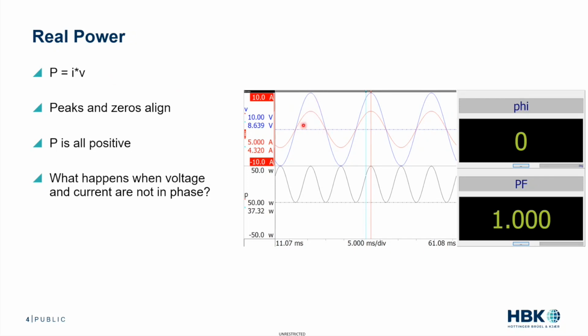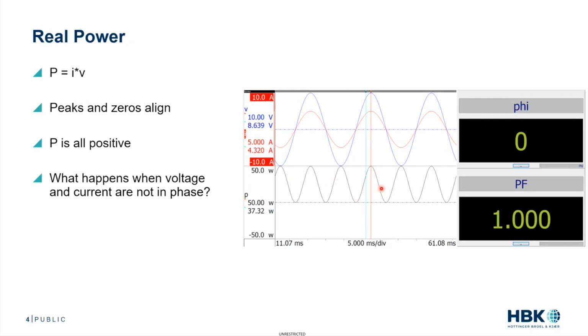If we multiply voltage times current, we get a positive power, because positive times positive does not cross the zero line, which is my dotted zero line. However, this power has a cyclical nature to it. It has a phase angle of 0, a power factor of 1, and we see this oscillatory power.